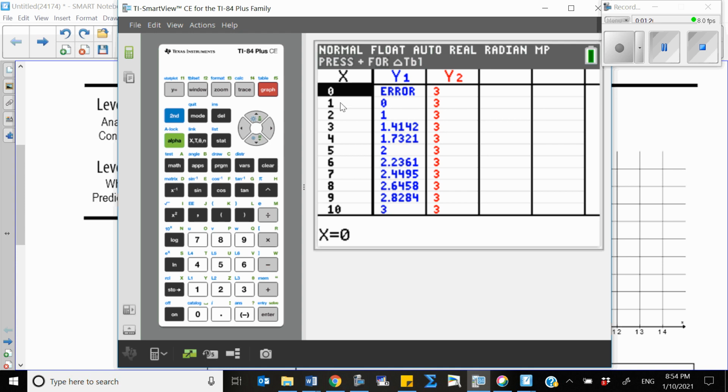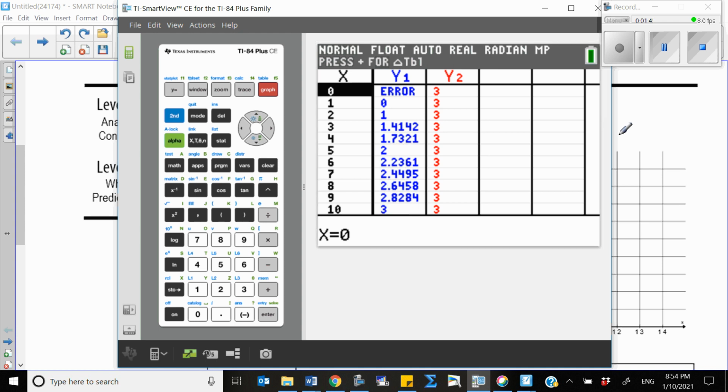The first row here, for x equal to 1, y1 is 0, y2 is 3, so this is not a solution. This one also, x equal to 2, y1 is 1, y2 is 3. And the same for all the others, except the last one. On this one here, x equal to 10, y1 and y2 are both 3. So this is the solution of my equation.